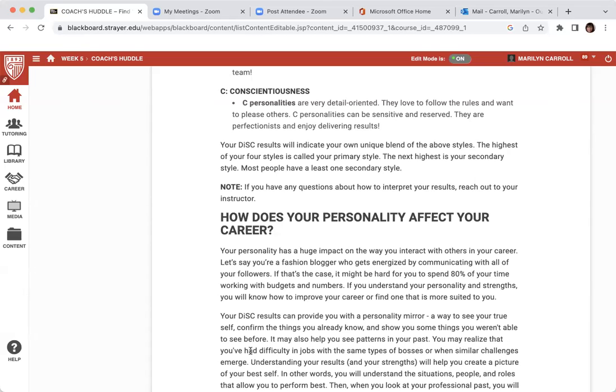You may realize that you've had difficulty in jobs with the same types of bosses or when similar changes emerged. Understanding your results and your strengths will help you create a picture of your best self. In other words, you will understand the situations, people, and roles that allow you to perform your best.